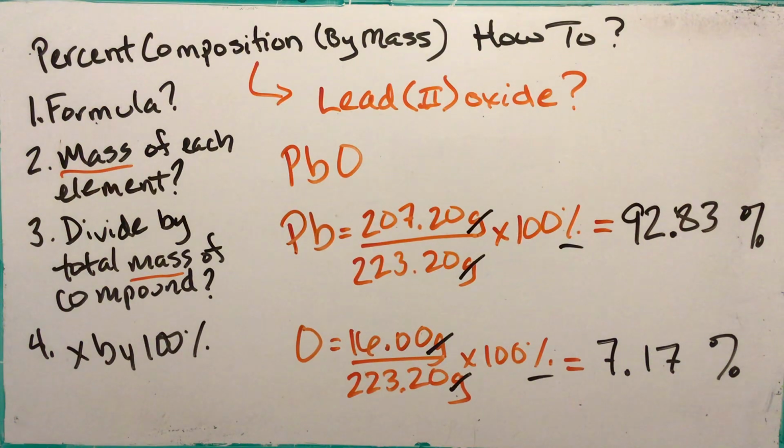All right. A simple check. If I include all the elements, it should add up to 100%. Now, of course, this compound only has 2 elements. So if I add up the percent for the lead and the percent for the oxygen, it should equal 100. And in this case, it does. This one worked out perfectly to 100%. If you get 99.99, that's fine.